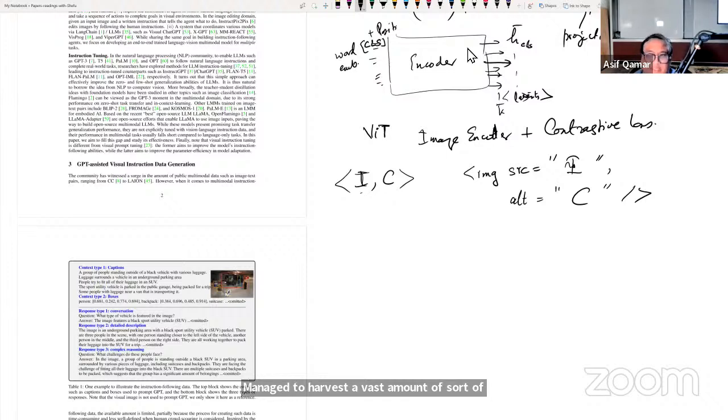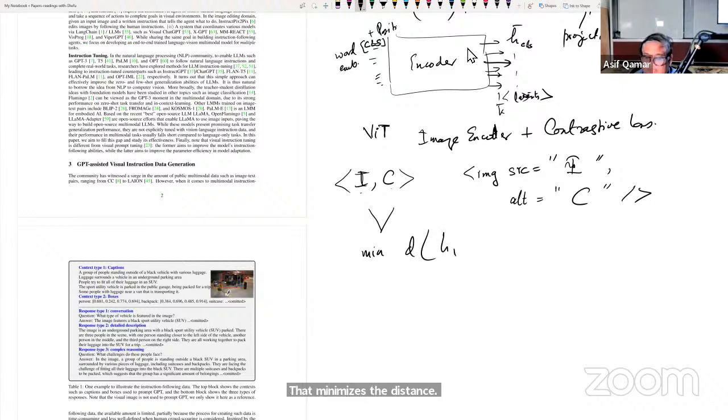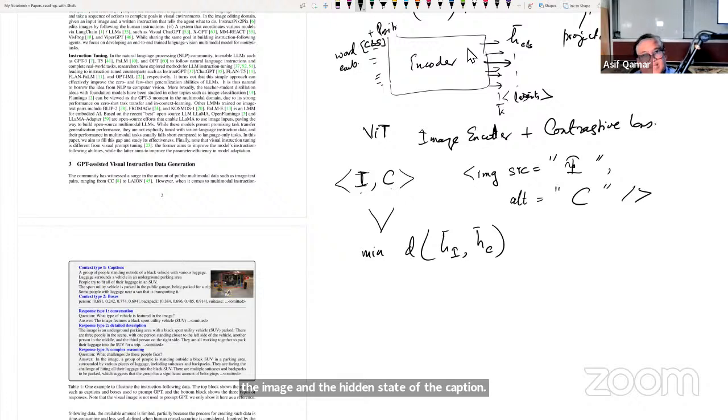And then with the image and caption pairs, they basically said, what if we do this? We train a contrastive loss function that minimizes the distance between the hidden state of the image and the hidden state of the caption, the latent of the image and the encoding of the caption.